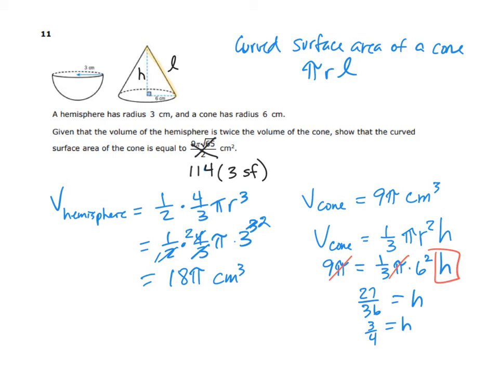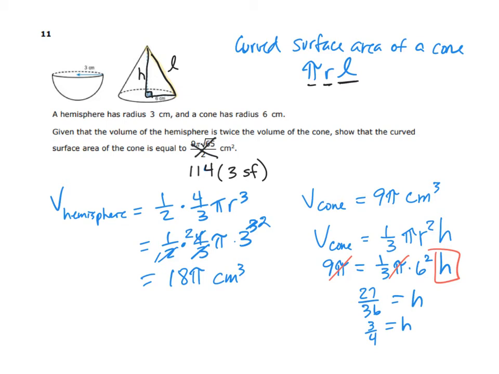So what we're going to do next, if we're going to take pi times r times L, we already know what r is. We need to find out what L is. So we're going to use this little right triangle here where we now know what h is. It's 3/4. And we know what the other leg is. It is 6.